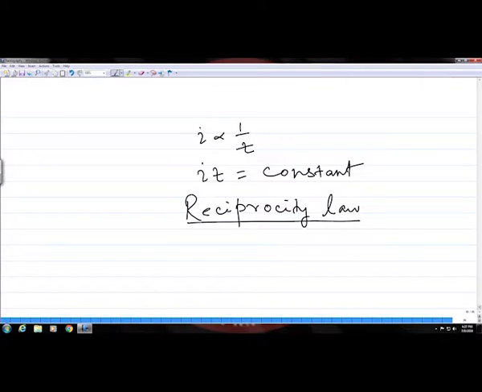So, we have these two laws or these two relationships, reciprocity and inverse square. And these two can be combined into one in order to decide that exposure time. So, if you combine these two, it will give rise to this particular relationship.